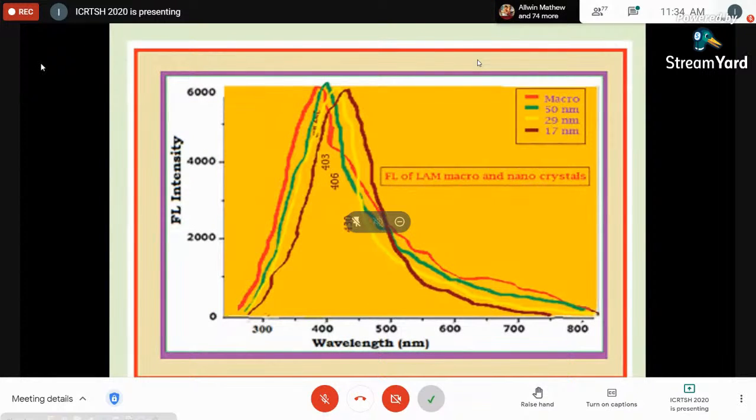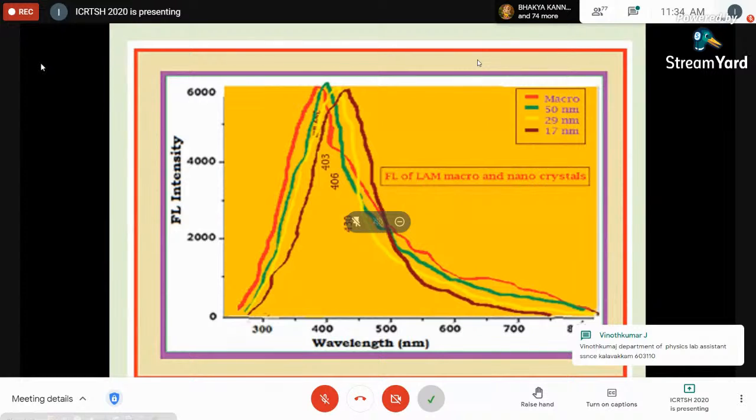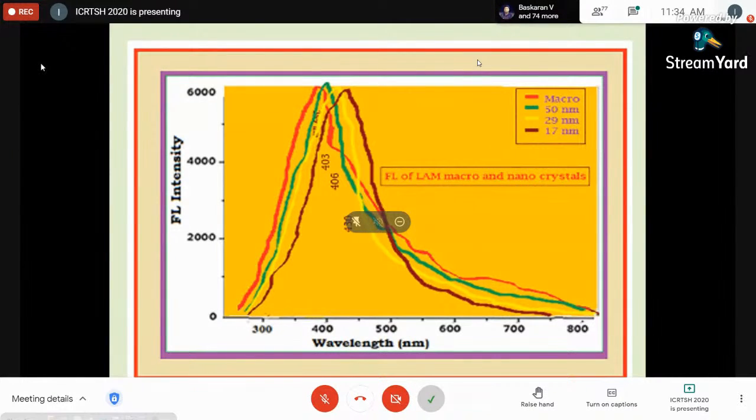Here is the fluorescence intensity versus wavelength. Red line is for macro, green for 50 nanometer scale, next 29 nanometer scale, and brown for the 70 nanometer scale. Most of them ask if it is less than 20 nanometer, it shall be classified as a quantum dot.